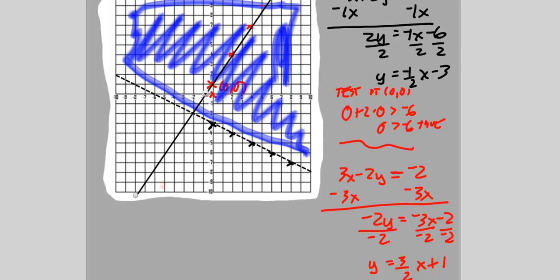Alright, so we plotted both lines now. Again, 0, 0, which is right there, is not on this line, so I'm going to use that as a test point. So now we're doing, again, the solid line. The test point's below the line.